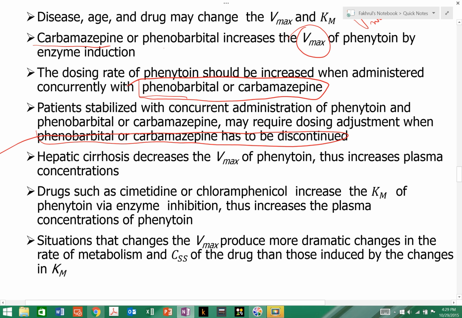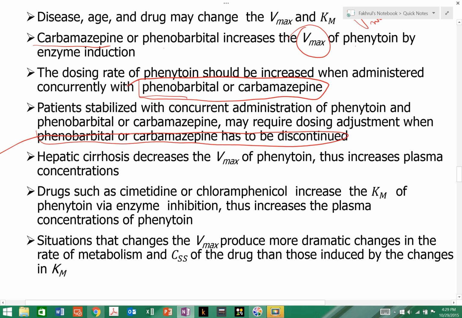Because of this enzyme induction, you had increased the dose, but if you discontinue, you have to reduce the dose. For this reason, we always have to be careful, because these two drugs, phenobarbital and carbamazepine, produce enzyme induction, increasing the metabolism, the Vmax, of phenytoin.